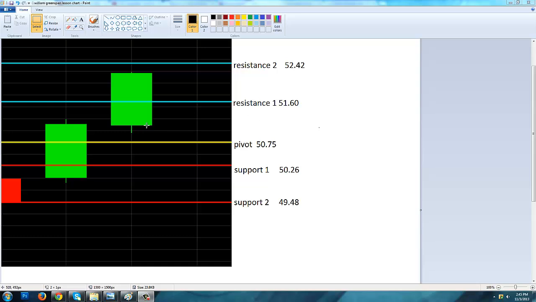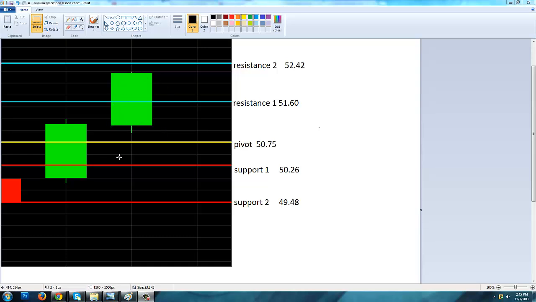Now the stock is going up until 51.60, and when it passes this first line, you put your stop loss here, and then you wait for the price to go up. If it reaches resistance 2 and goes up, you change your stop loss to just below this line in order to protect your profit.